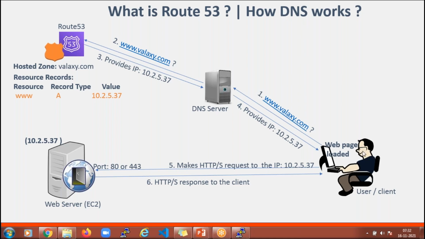Right. So the advantage is when the second time the client is using the same name, the request will go to the local DNS server. The local DNS server can respond back to the client without forwarding the request to the Route 53. Why? The local DNS server is holding that information as a cache in it. So that way we can avoid sending every request to the main Route 53 or main DNS server.